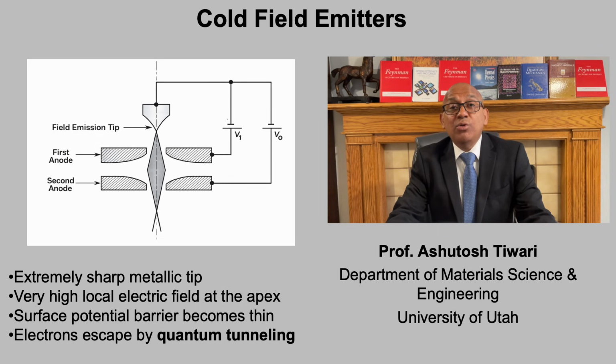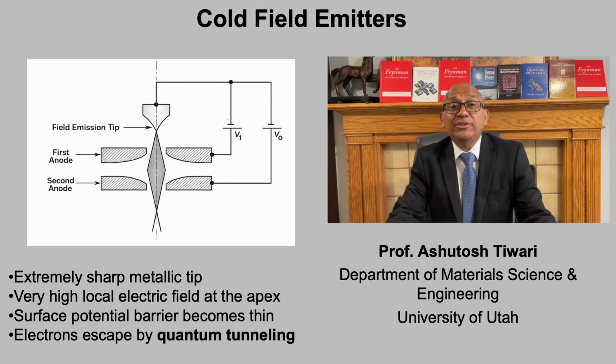This intense local electric field fundamentally alters the surface potential barrier at the emitter vacuum interface, creating conditions under which electrons can leave the metal without requiring thermal excitation. As a result, cold field emission produces an extremely small effective source size and a highly coherent electron beam.